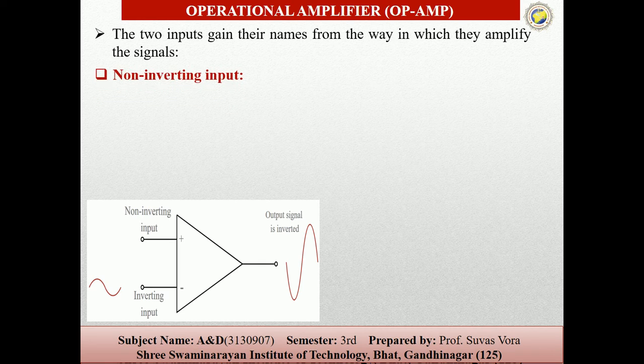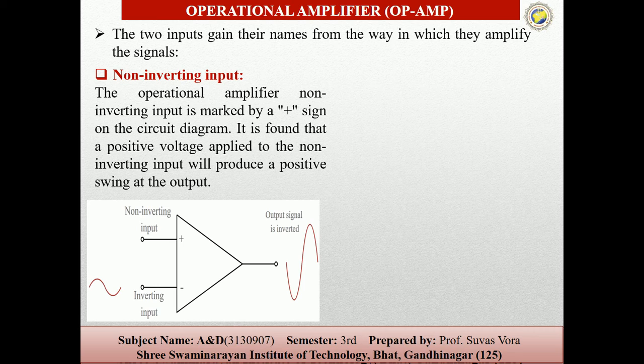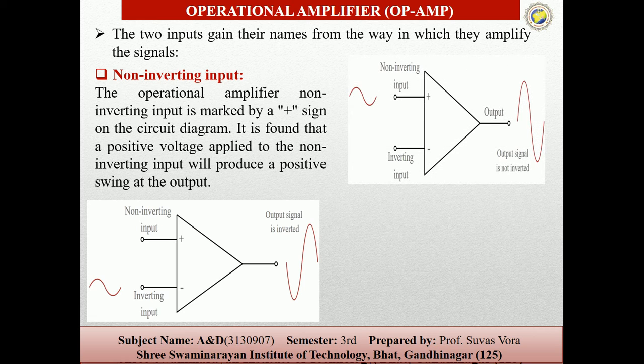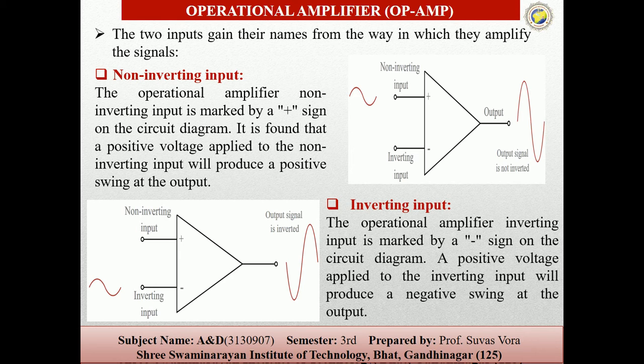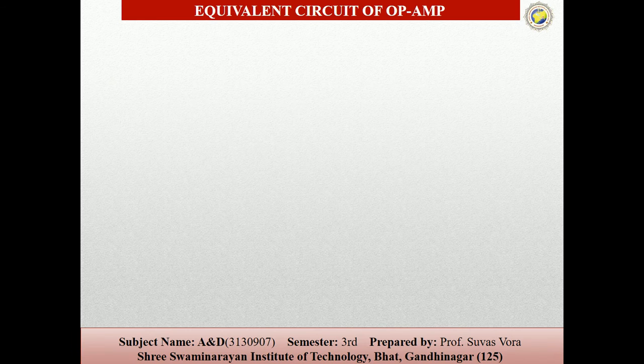Non-inverting input: when we give the signal to the non-inverting input, a positive voltage applied to the non-inverting input will produce a positive signal. In a similar way, when we give the supply to the inverting input, we get the output voltage with a negative sign.